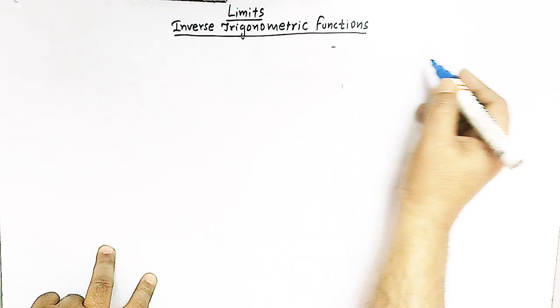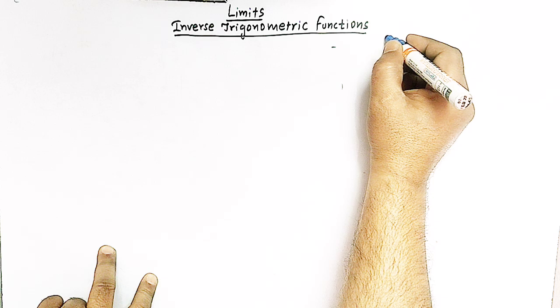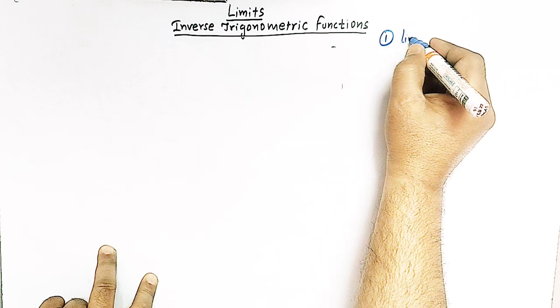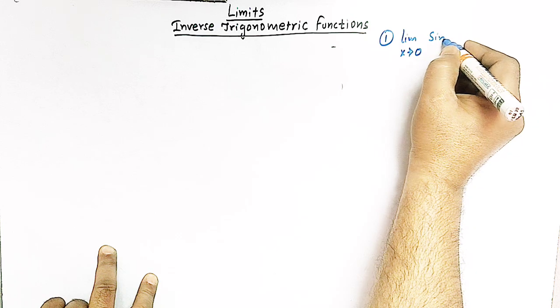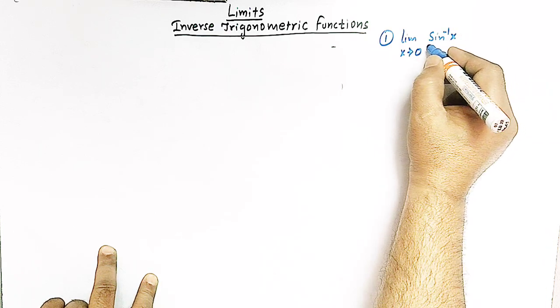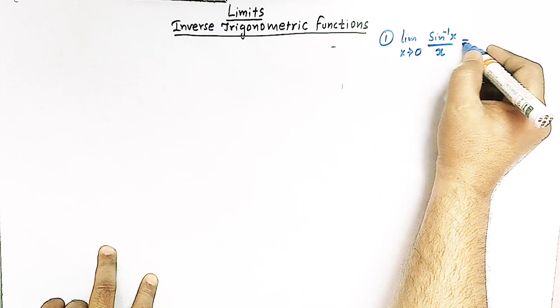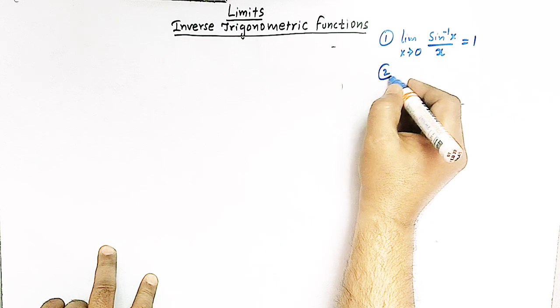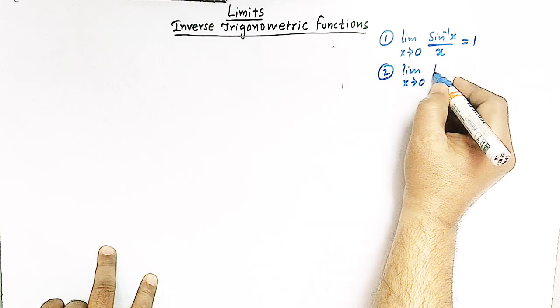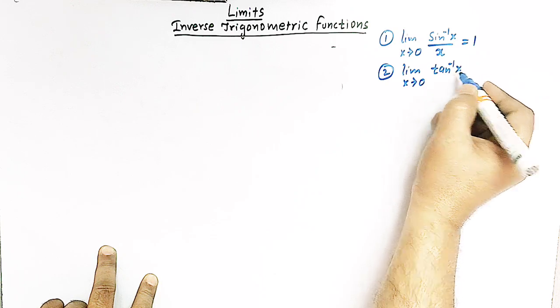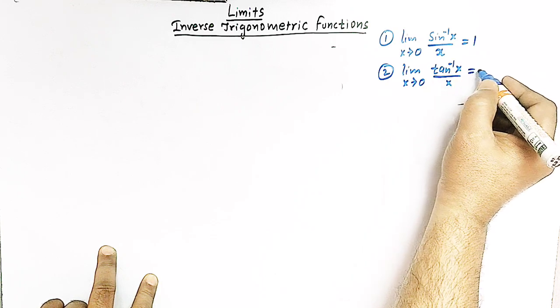So here we have the two important results. The first one is the limit as x tends to 0 of sine inverse x divided by x is equal to 1. And the second result is the limit as x tends to 0 of tan inverse x over x is equal to 1.